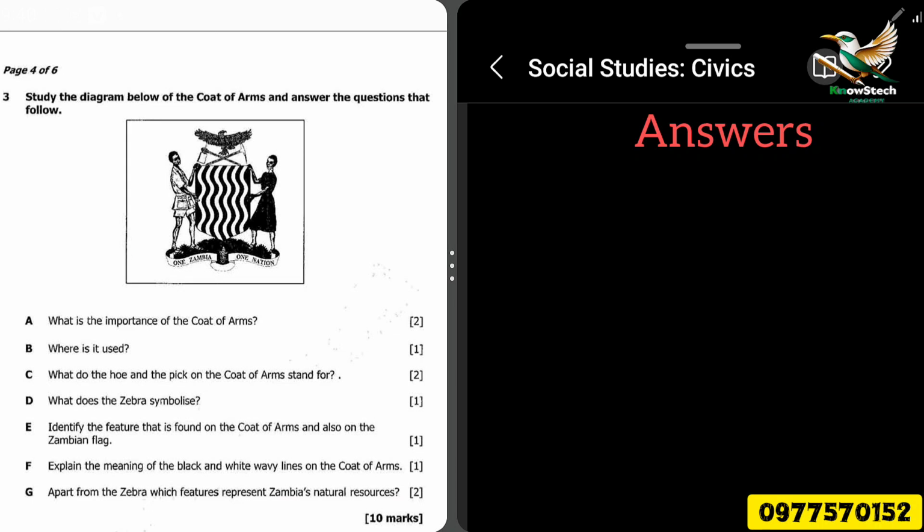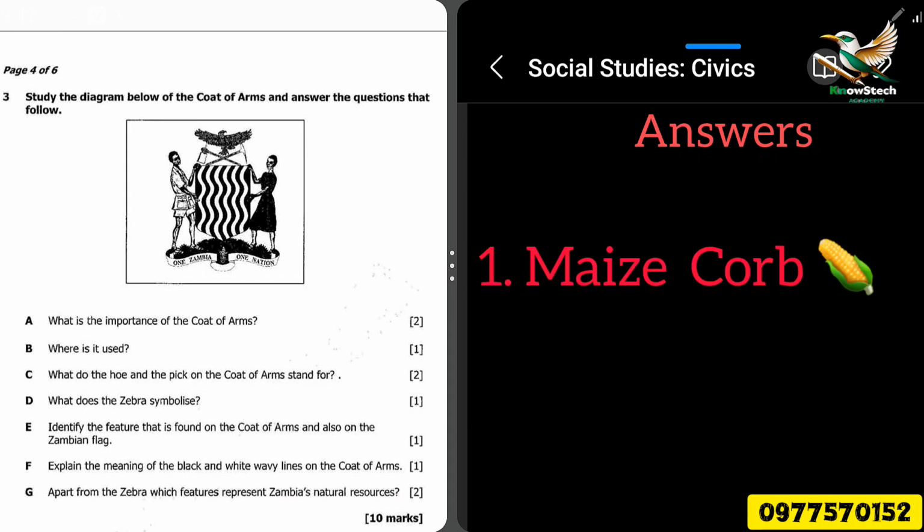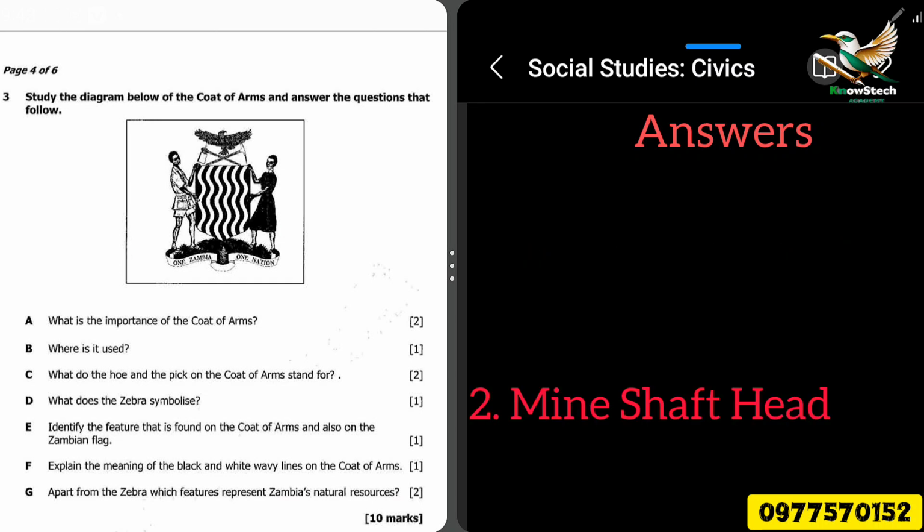G. Apart from the zebra, which features represent Zambia's natural resources? The first one is the maize cob, and the second one is the mine shaft head.